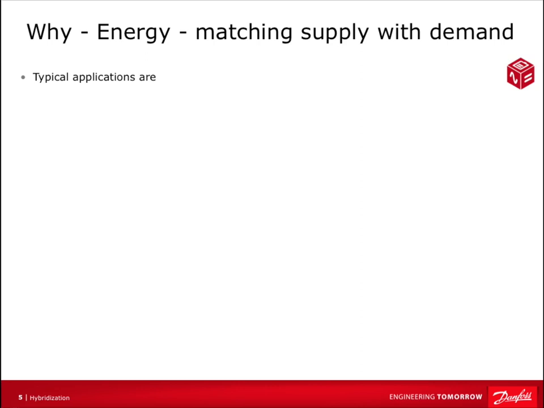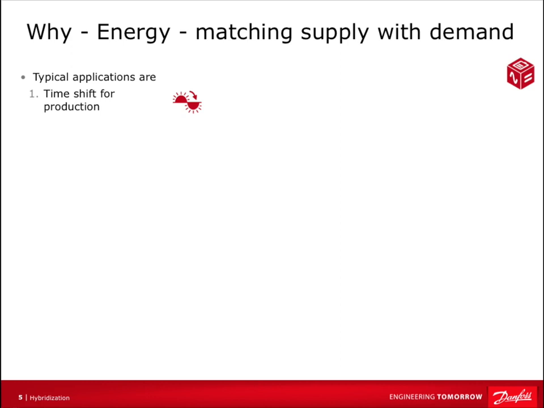So with that view of where we could use hybridization, we continue with the question of why. And the answer is, with energy, we need to match supply with demand. So for our typical applications, first we would have a time shift for production. An easy one would be solar.